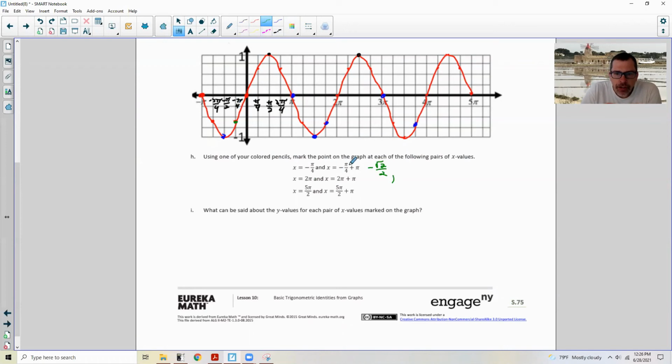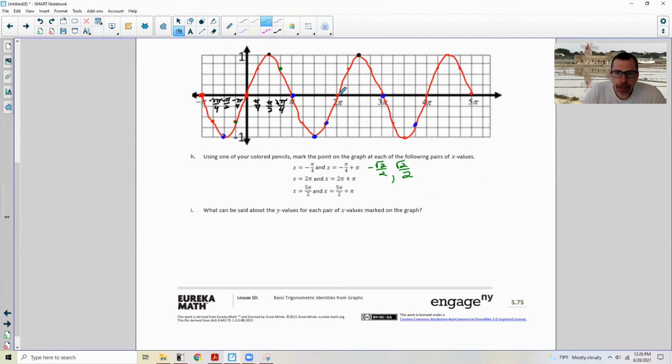And then negative pi over 4 plus pi: if I add pi to negative pi over 4, that would be 3 pi over 4, and that brings me up to here, which is the square root of 2 over 2.